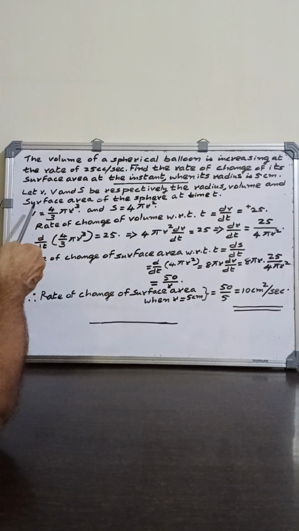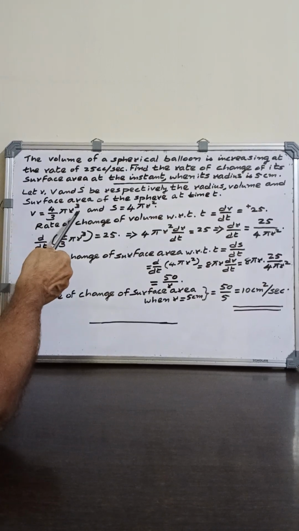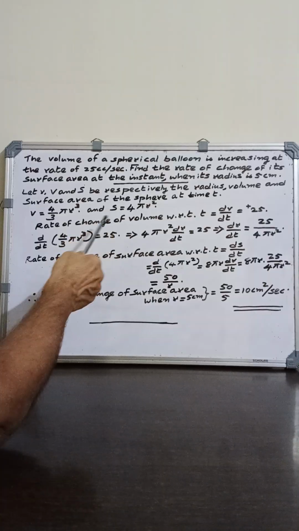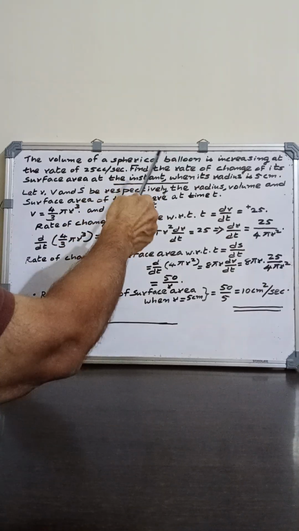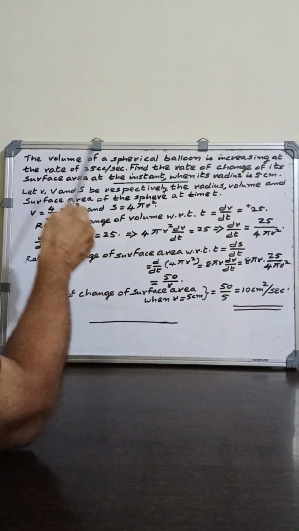Therefore, we are considering volume V equals 4 by 3 pi r cubed for a spherical balloon, and surface area S equals 4 pi r squared.